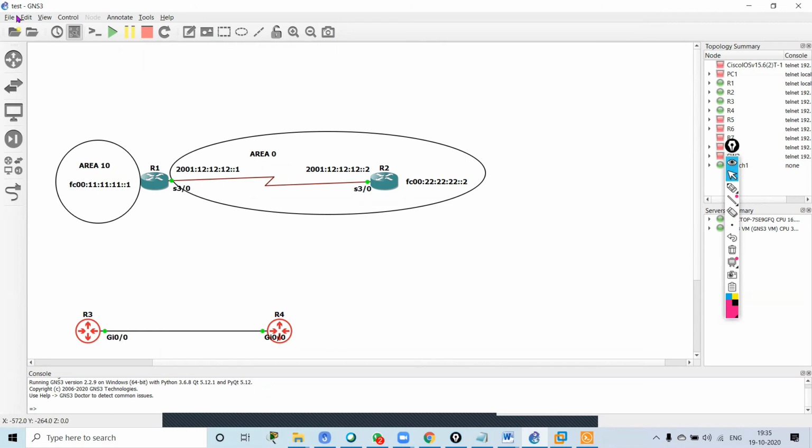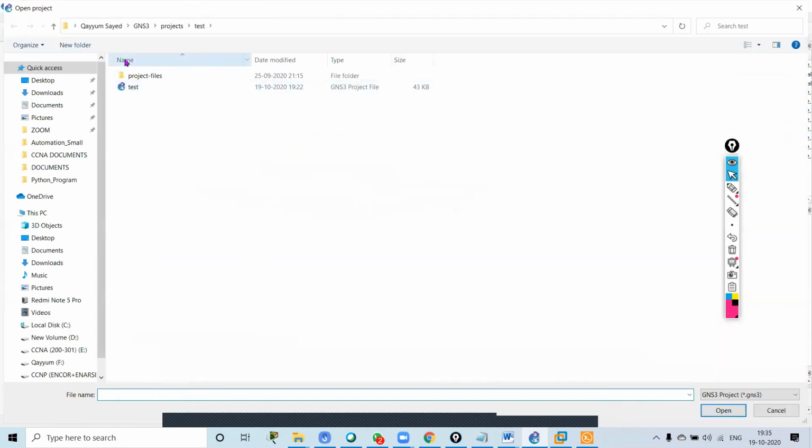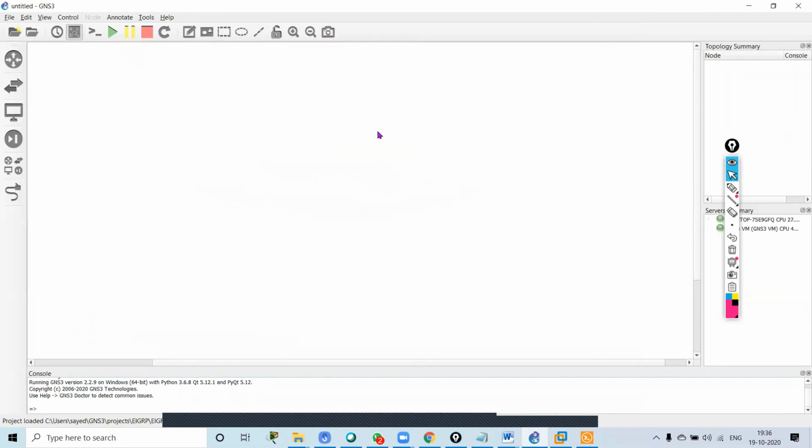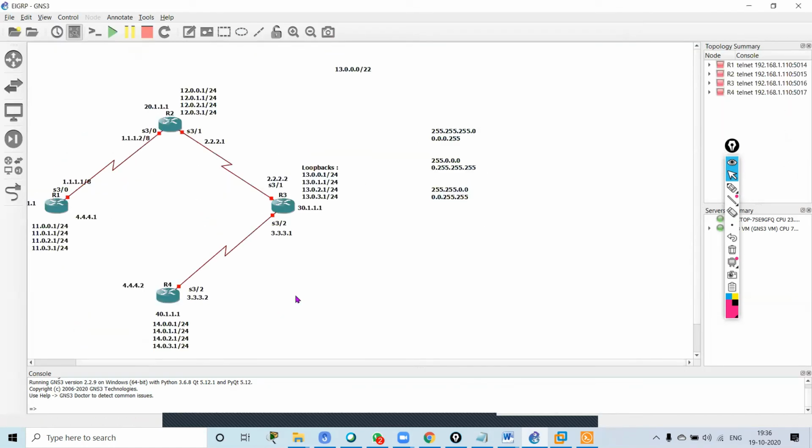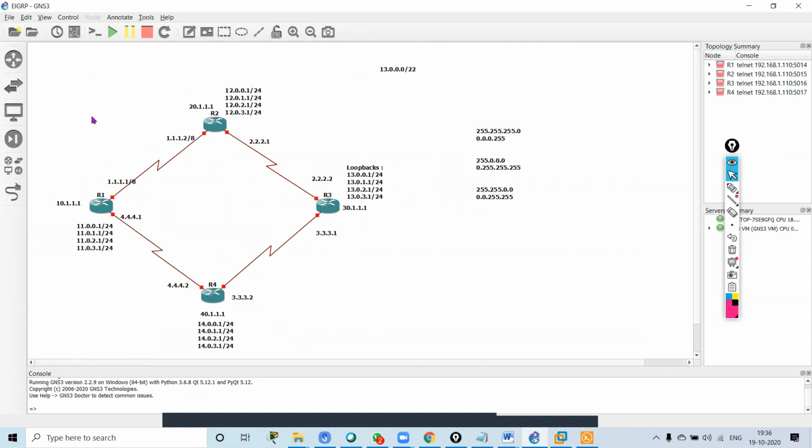Okay, so I will give you a task for IPv6. This was our topology that we were using in all the labs. Now I want you to configure IPv6 addresses in this topology.